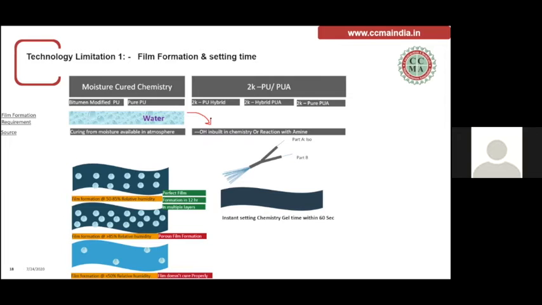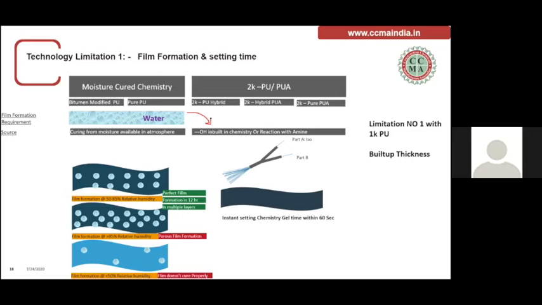All the systems available in this range in the Indian market set within 60 seconds. Another limitation, because it is a moisture cured system, is that you cannot build up a very high thickness.